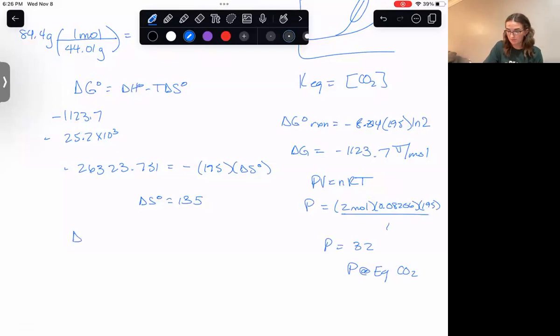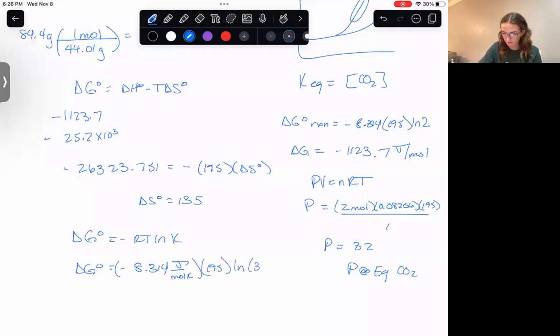So then delta G naught is equal to negative RT ln of K, where K is now 32 because it's just your gas that's subliming. So delta G naught would be equal to negative 8.314 joules over mole Kelvin, your temperature is 195 again, and you have your ln of 32. So let's try this. And we get delta G naught is equal to negative 5618.8 joules over mole.